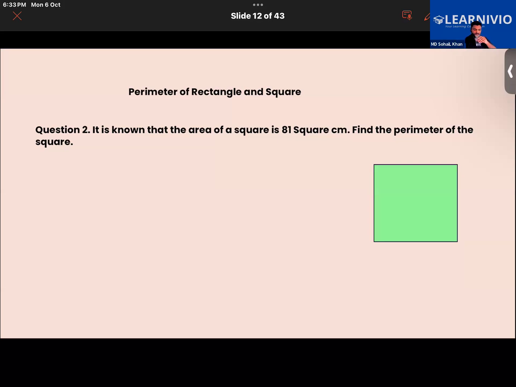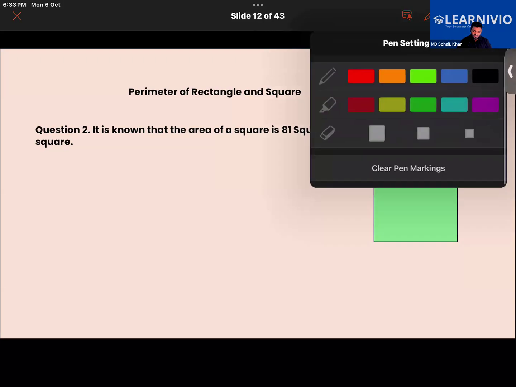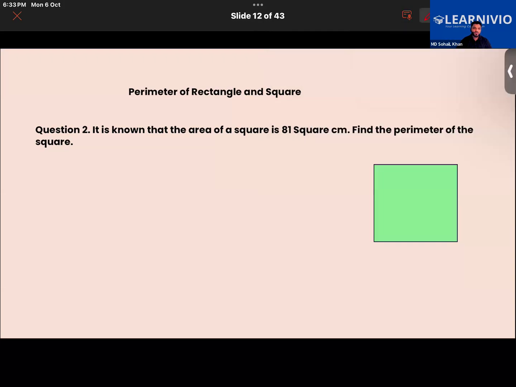Did you discuss with Learnivio regarding the time, as your Arabic class is clashing with this time? No, I didn't. Please discuss it with them, and ask your parents to discuss it with them too. I also have highlighted this issue to them. Also see if the Arabic class can be postponed by half an hour.